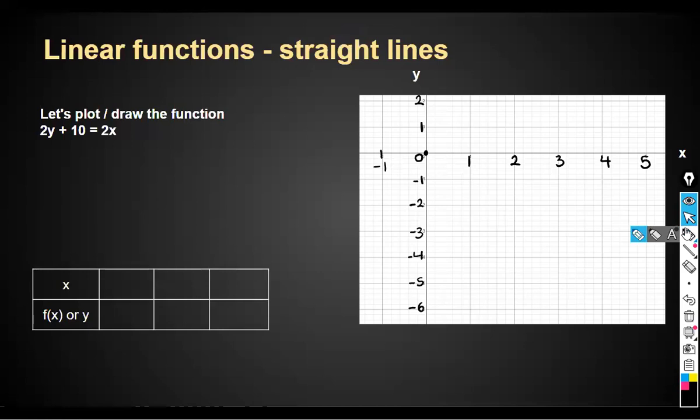So they gave us an equation. If I were to draw this equation, will I get a straight line or a curve? Let's get that out of the way first. Right, we're still going to get a straight line. The reason is that there's nothing fancy in this question.